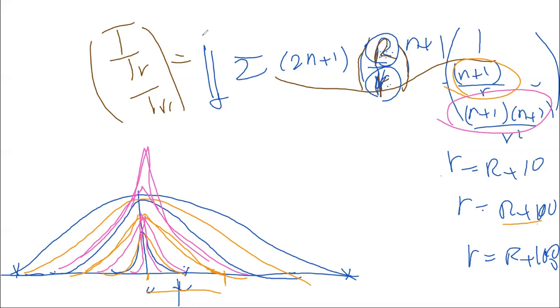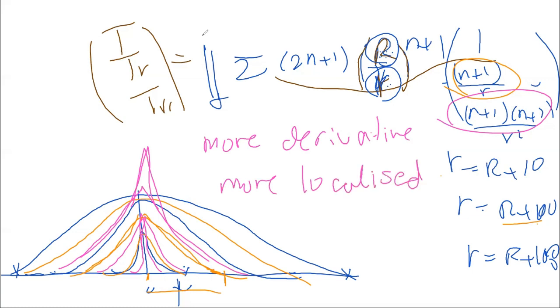So the behavior of the kernel is very important, and I would say that the more derivative, the more localized. More localized. For understanding the concept, I will explain in another way.